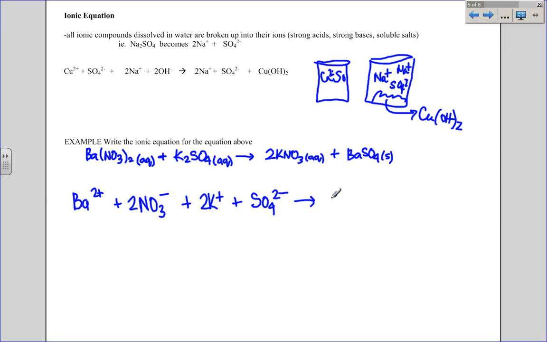This next one here, I've got potassium and nitrate that are soluble. So I have K plus and NO3 minus. Because I've got 2 KNO3, that gives me 2 potassium and 2 nitrate. And my barium sulfate will stay together as a solid.